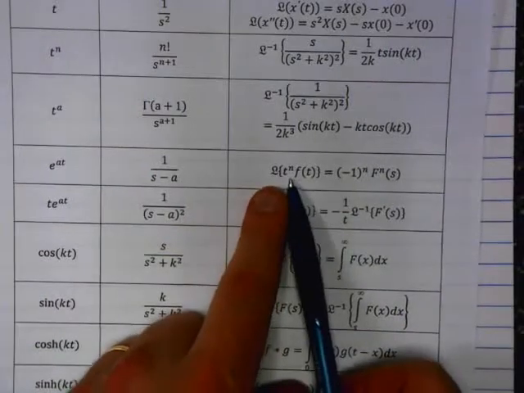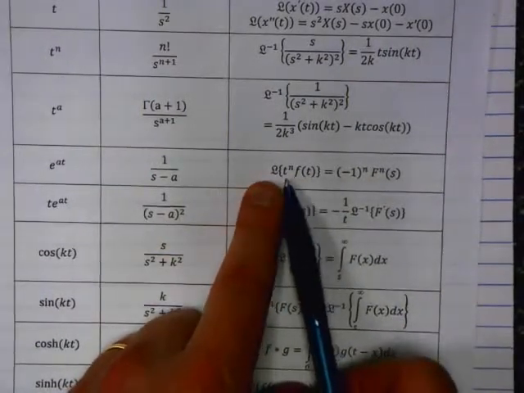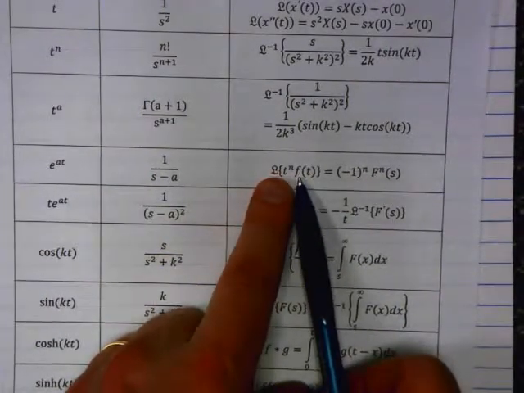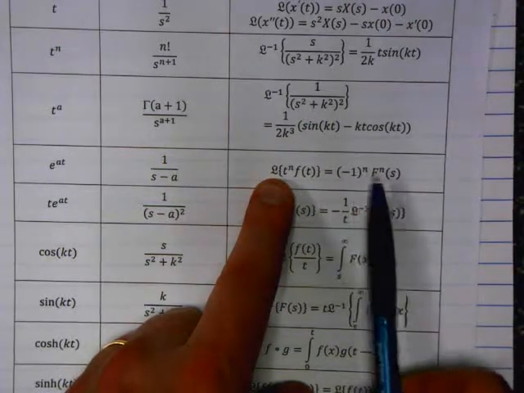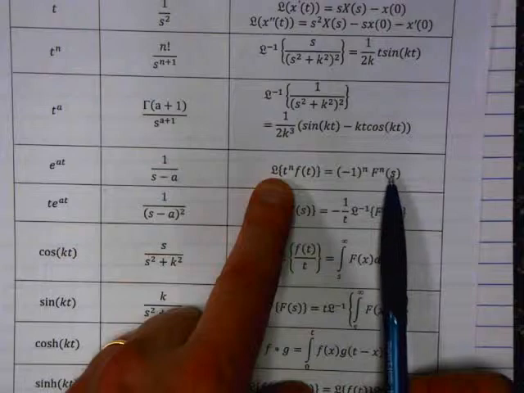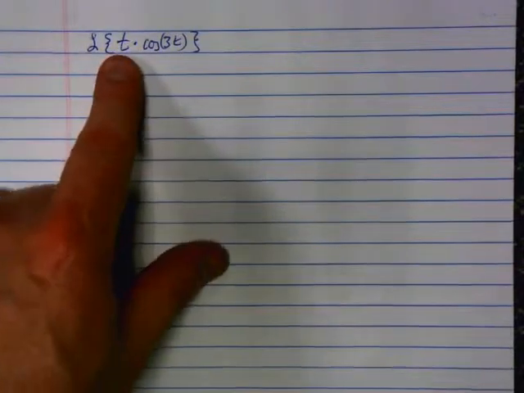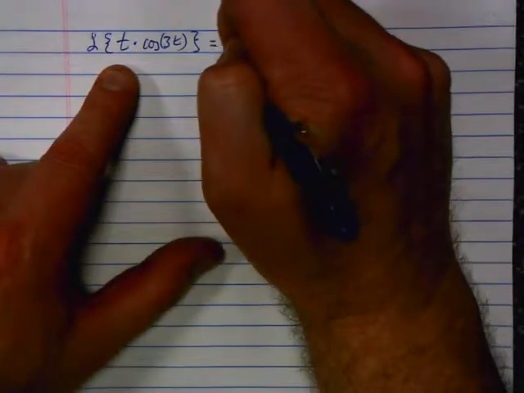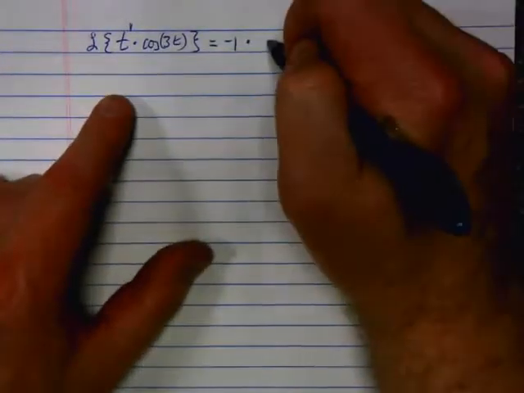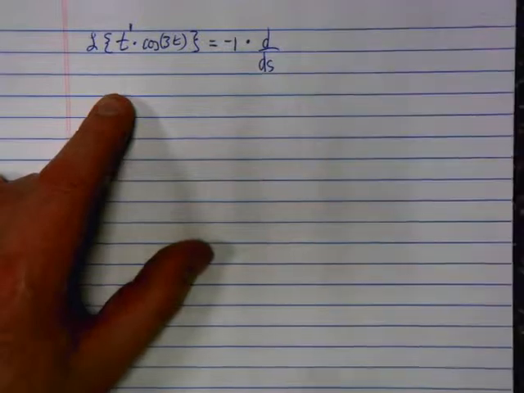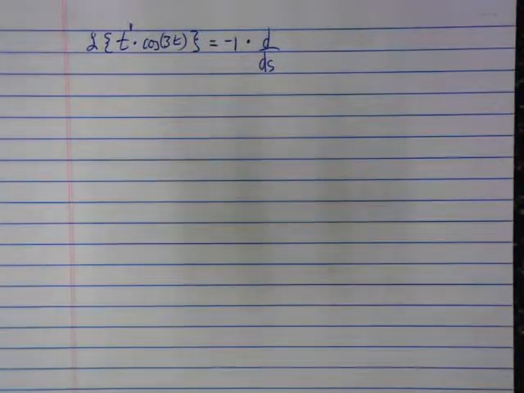Here's the theorem that I'm using. If I have a t to the 1, this theorem says I pull out a negative 1 to the power, and then I take the derivative of whatever the Laplace transform is. So, to get rid of this t, I'm going to have a negative 1, and since this has power 1, times the derivative of the Laplace transform of cosine 3t.